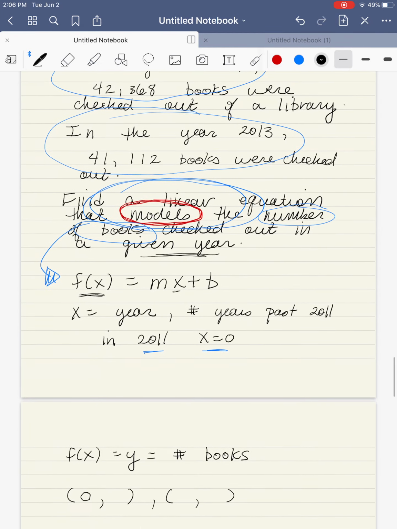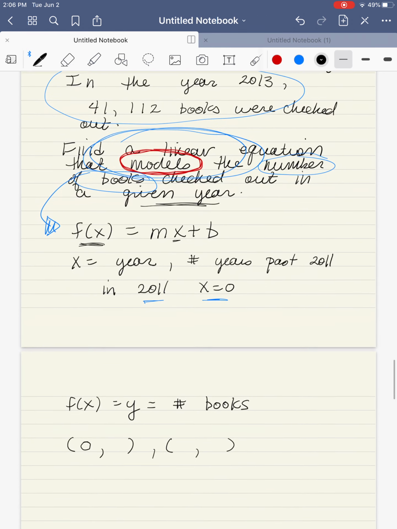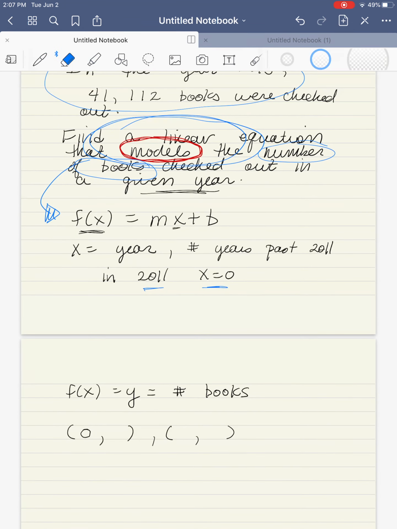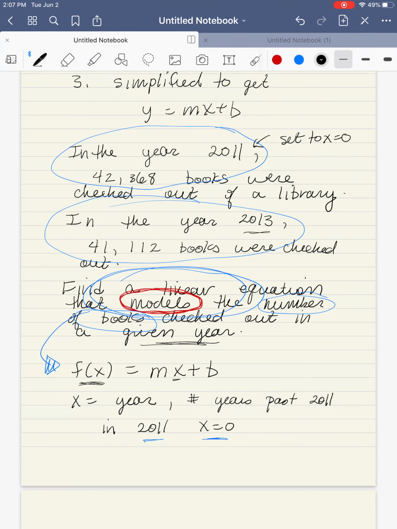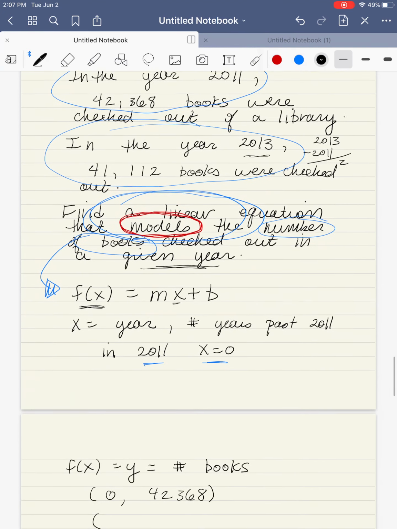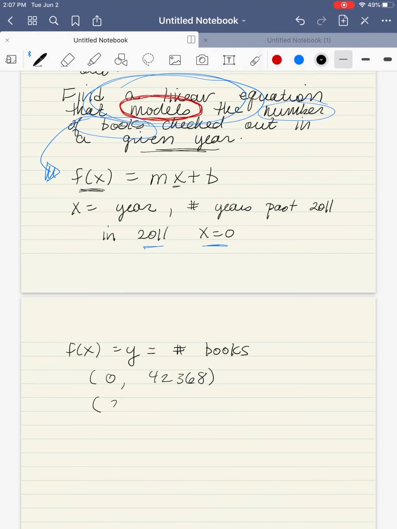All right, so my first ordered pair in year 0, the number of books is 42,368. I didn't leave myself nearly enough room here, so let me erase these and start again. So we have 0 and 42,368. And then our second ordered pair, we're in the year 2013. So if I take 2013 minus 2011, that's equal to 2.